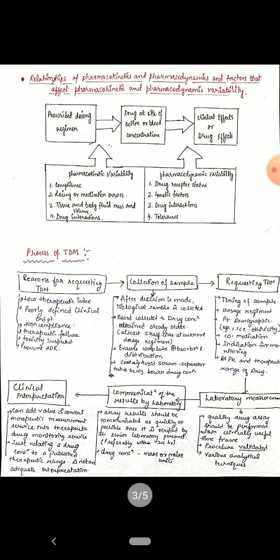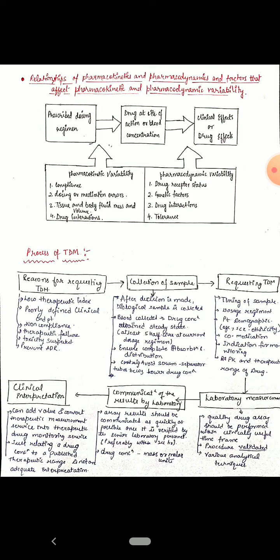The pharmacokinetic variability works in the middle of the prescribing and the site of action, where we will see compliance, dosing or medication error, tissue and body fluid, mass and volume, and other drug interactions. Pharmacodynamic variability occurs when the drug is administered at the site of action, and what the clinical effects are. Here we can see the drug receptor status, where the drug is attached, what the genetic factors are, what the drug interaction is, and what the tolerance of the patient is.